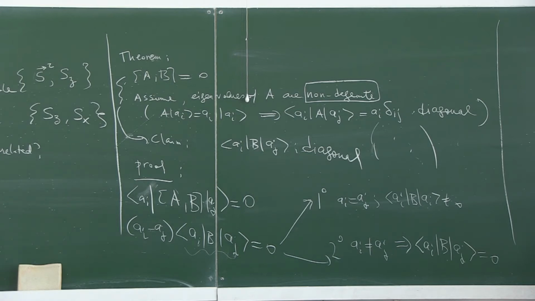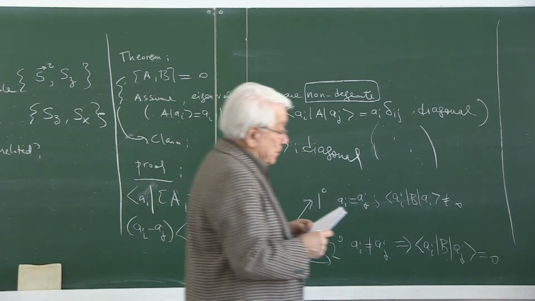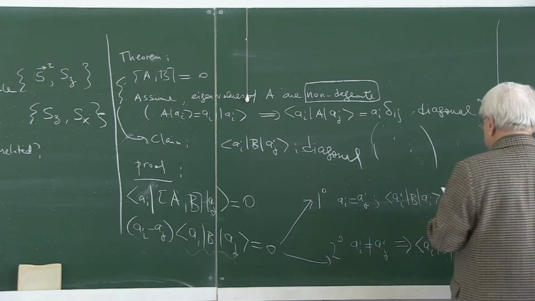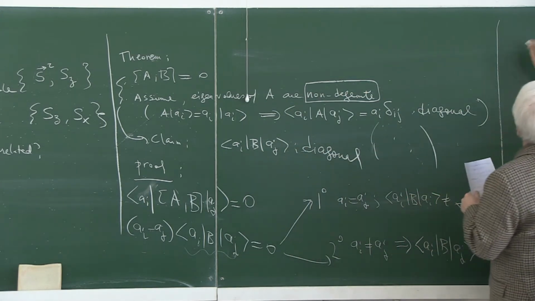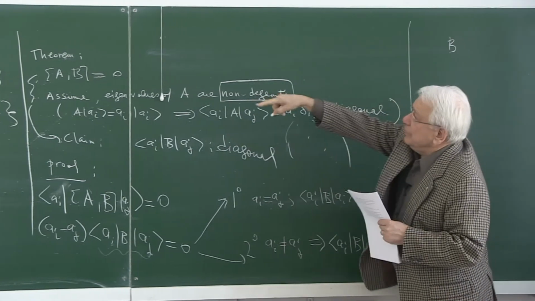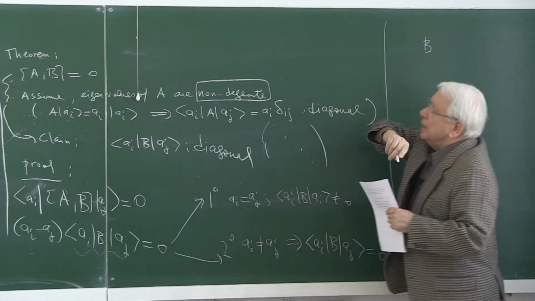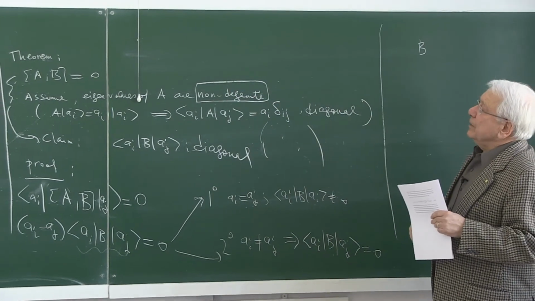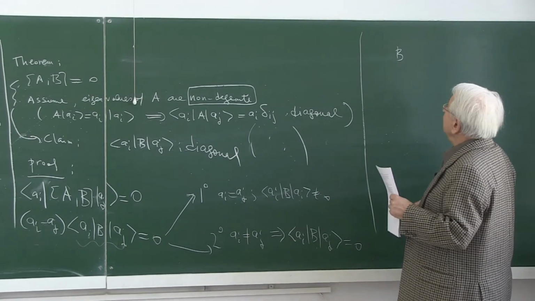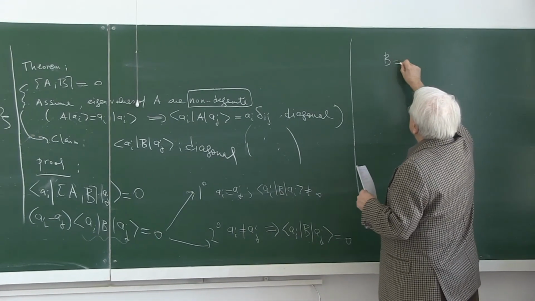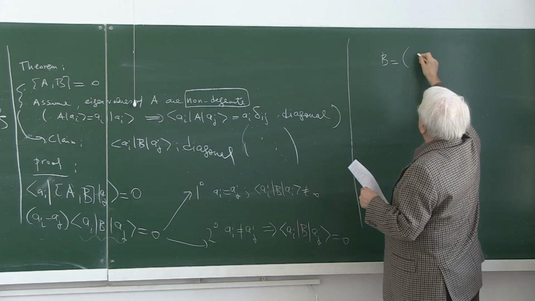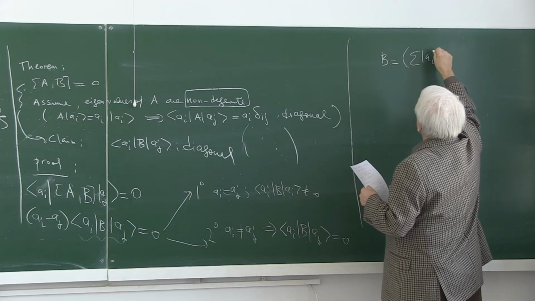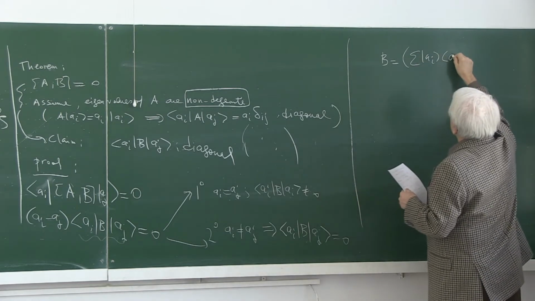Now let's proceed to write the B operator. We are still in the realm of these two compatible operators, A and B. Let me multiply B from the left by the completeness identity.